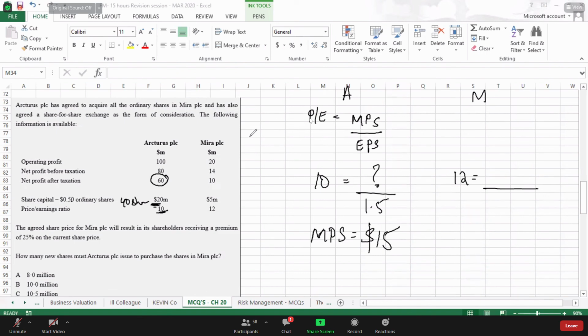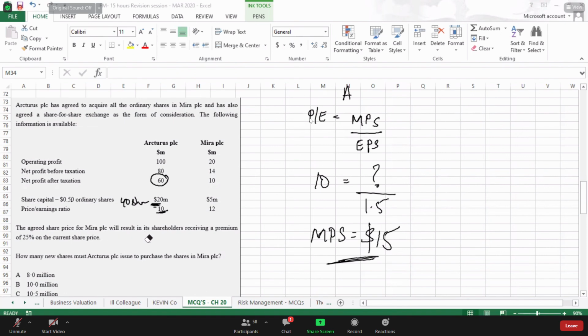Can you now complete the problem? You got the market value of the share. And what else have they told us? They have told us that if A company is taking over, what will be the price?